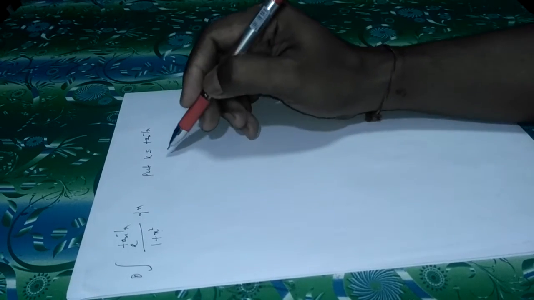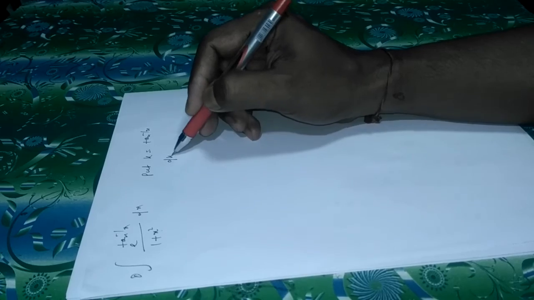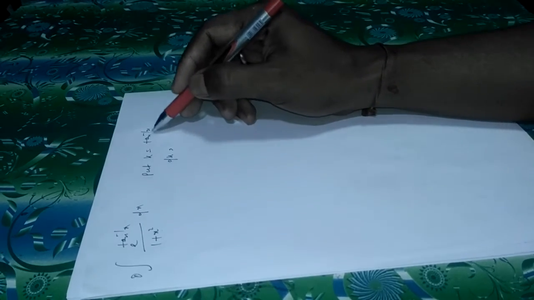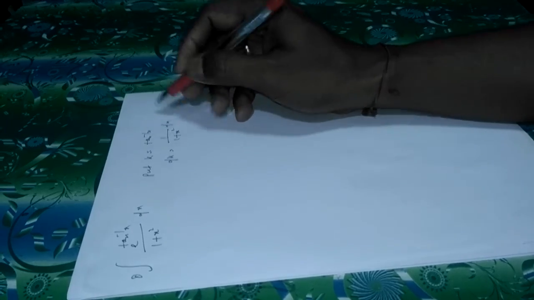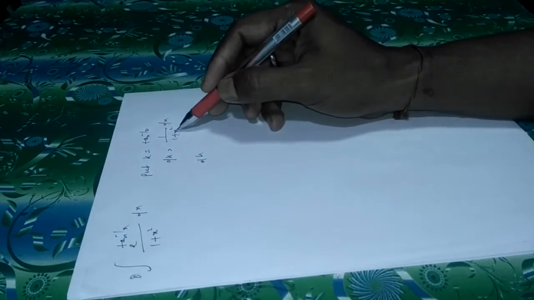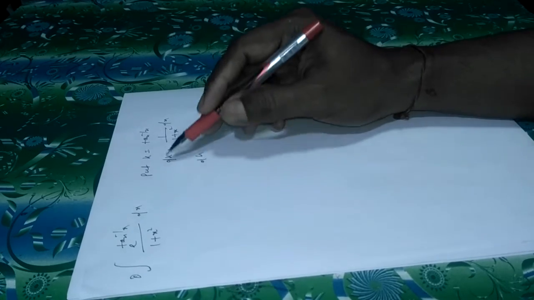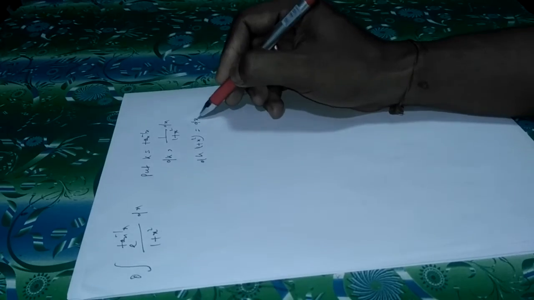Taking the derivative on both sides, dk equals the derivative of tan inverse x, 1 by 1 plus x square dx. Okay. So 1 plus x square is multiplied on this side, so dk times 1 plus x square is equal to dx.